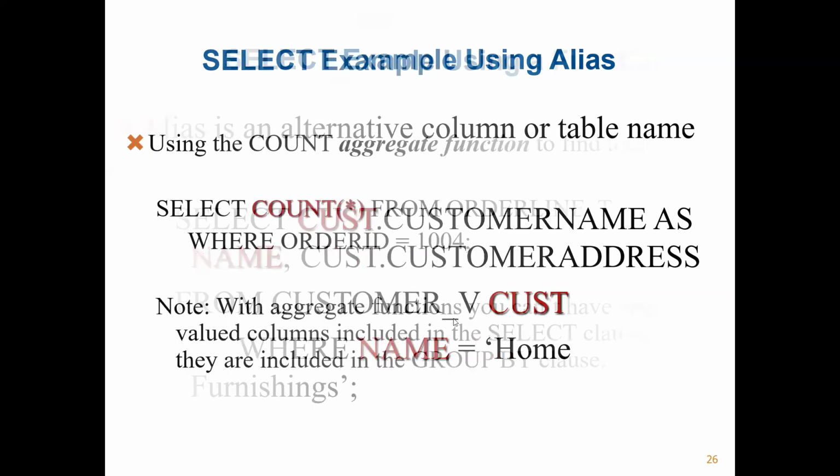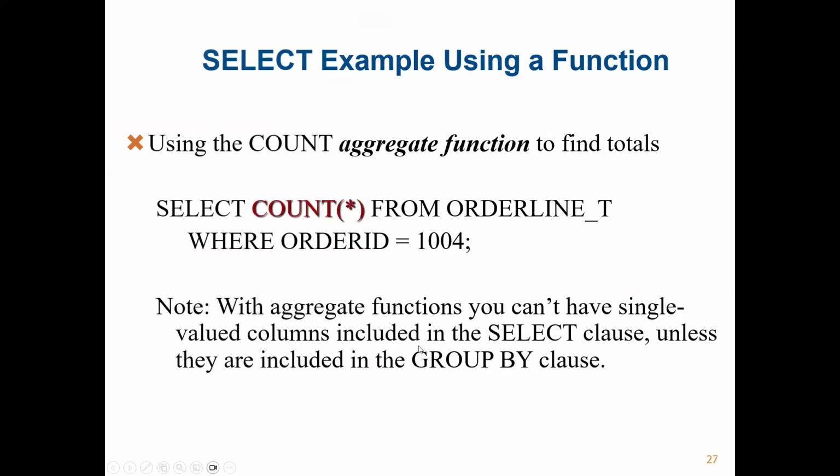Okay. Also, we have commands for min, max, count, sum, etc., which we all call aggregate functions. Here is just an example of using the count aggregate function to find a total. We say select, but we're going to count it, how many? From order line underscore T, that will be the table, where the order ID is this number.